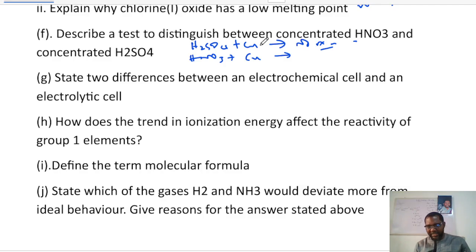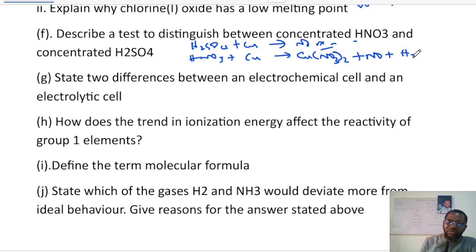But in the case of HNO3, the reaction is possible because HNO3 is not only acting as an acid, it is acting as an oxidizing agent. That's why it now gives you something like this, then plus NO, then plus H2O, depending on if this is concentrated or dilute. That is one reaction.